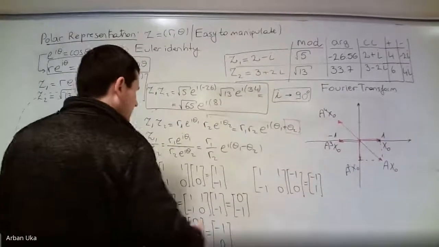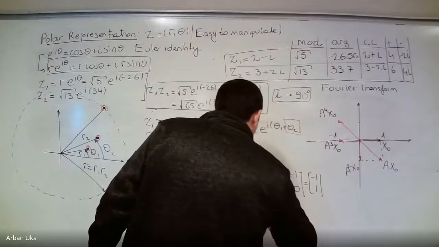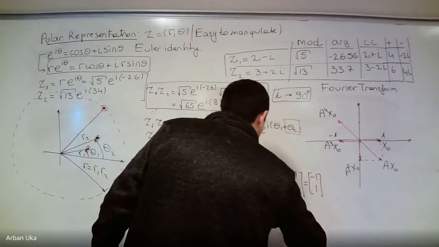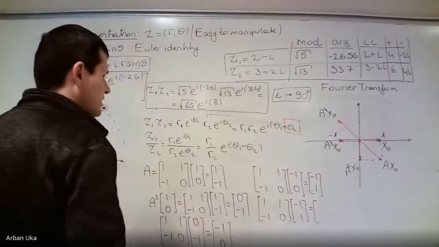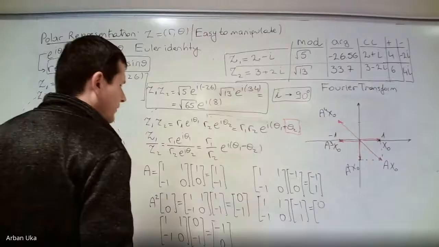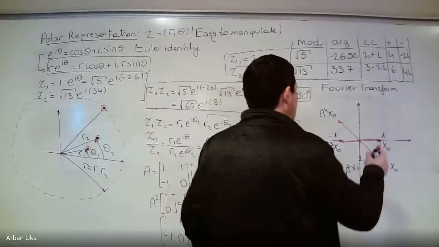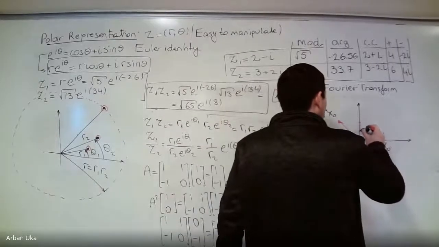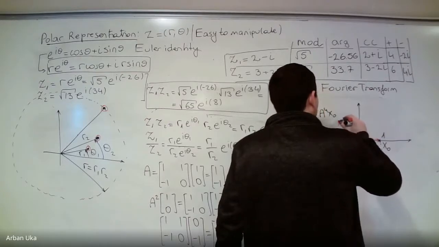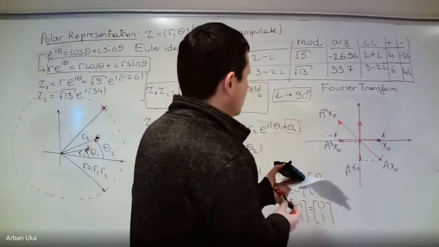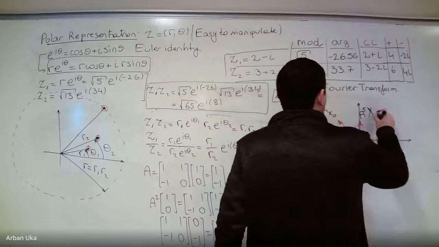Then we keep doing this once again: 1, 1, minus 1, 0 times minus 1, 1. What is this equal to? 0, 1. Where is 0, 1 in the graph? So this is 0, 1, and this is equal to A to the power 5 times x0.